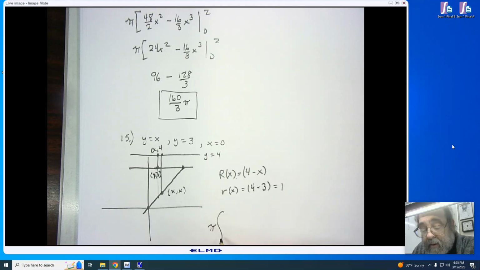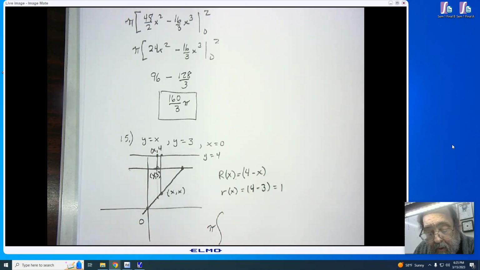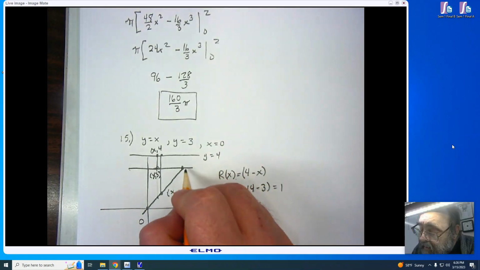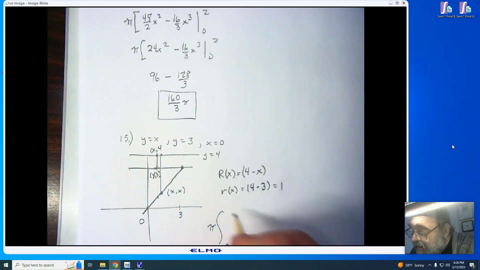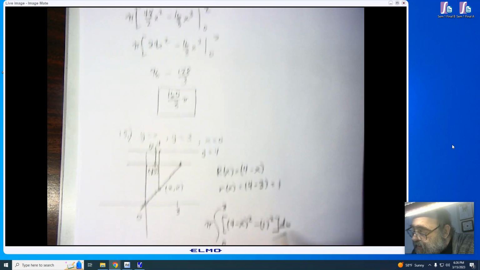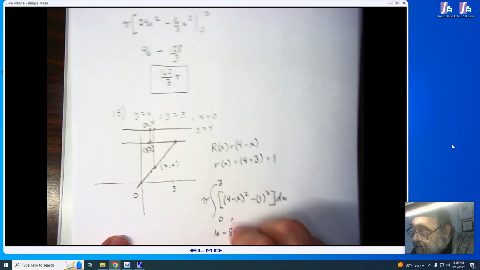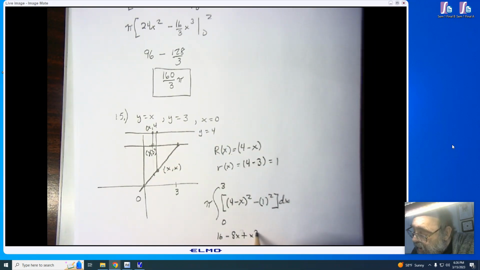Pi integration, and we are going from our 0, and it looks like we're going up to x equals 3, and there went my lights, of course. 0 to 3, and we're now putting this together as 4 minus x, the quantity squared, minus 1, the quantity squared, dx, for 16 minus 8x minus 8x plus x squared minus 1, 0 to 3, pi dx.